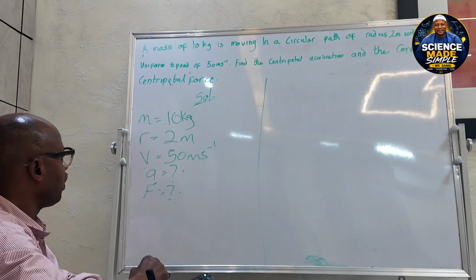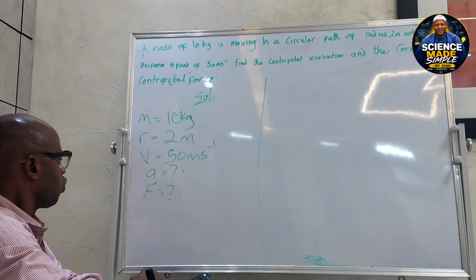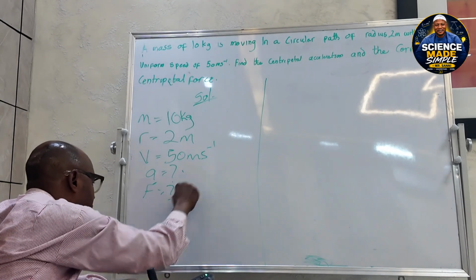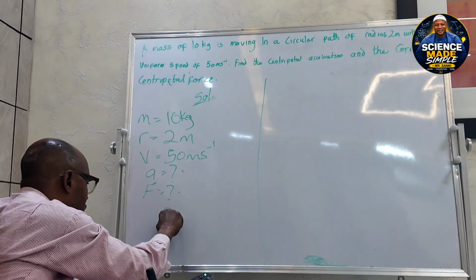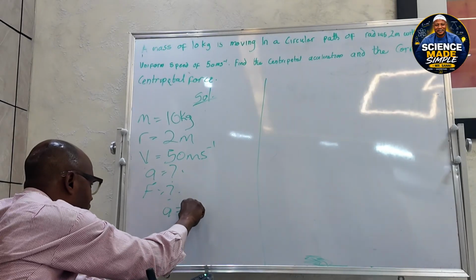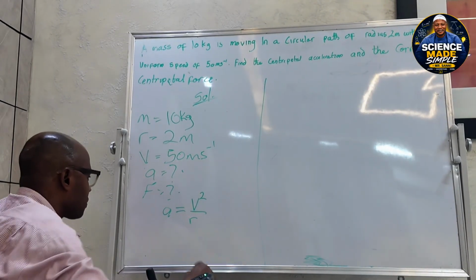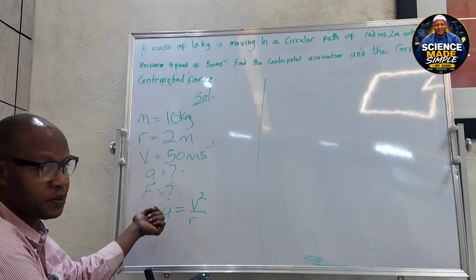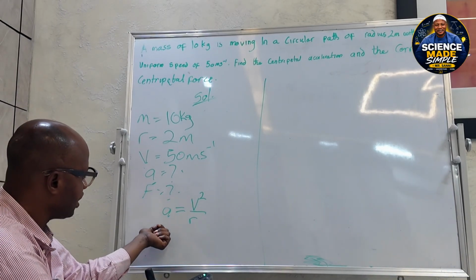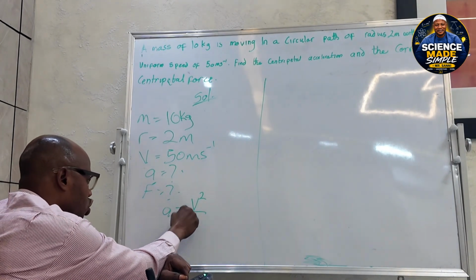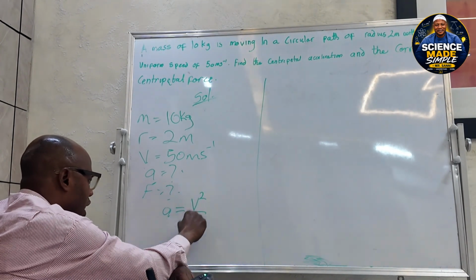From our previous knowledge, we have centripetal acceleration to be equal to v squared over r. Centripetal acceleration, the formula for it, is speed squared over r.